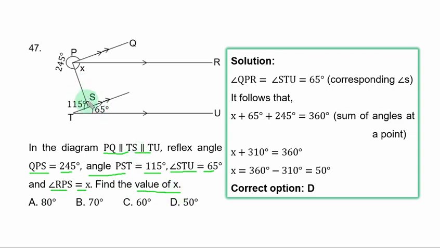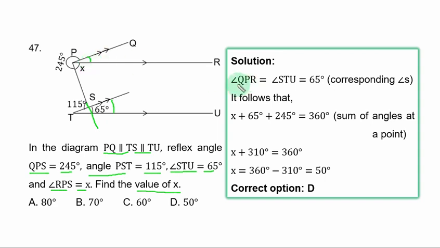Now, if you decide to extend this line down and notice that this and this are parallel, this angle is equal to this angle, corresponding angles. They always form the letter F in between parallel lines with a transversal.